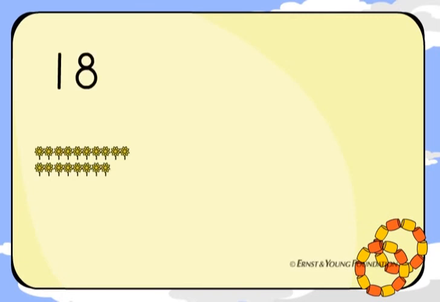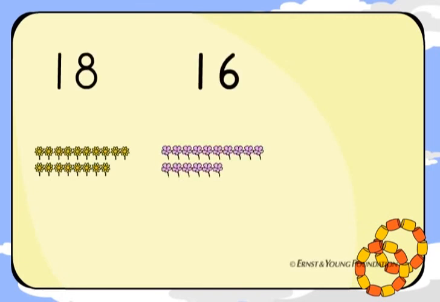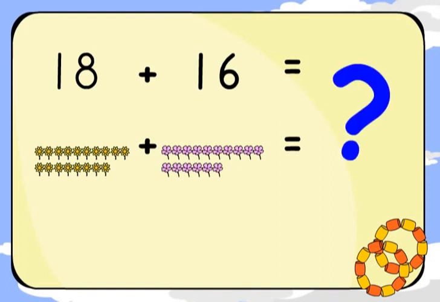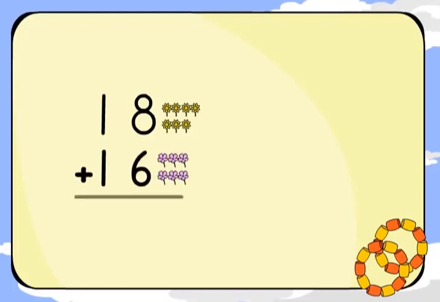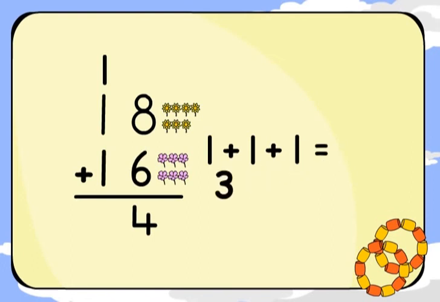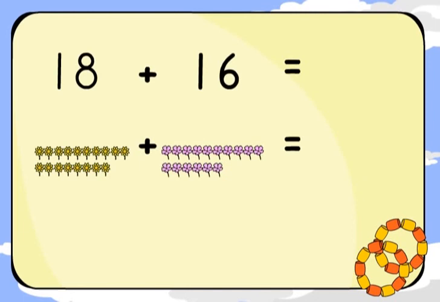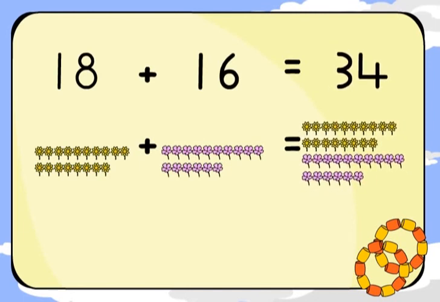There are 18 yellow flowers and 16 pink flowers. How many flowers are there in all? 18 plus 16 is equal to 34. There are 34 flowers.